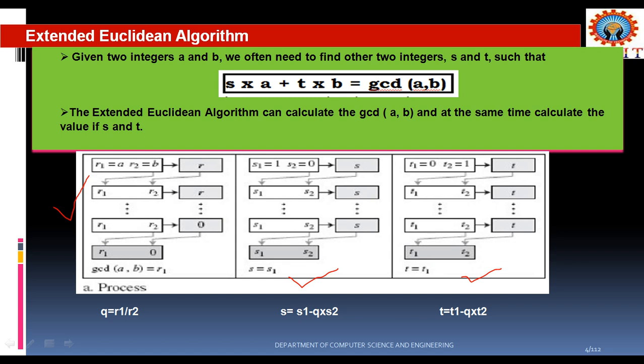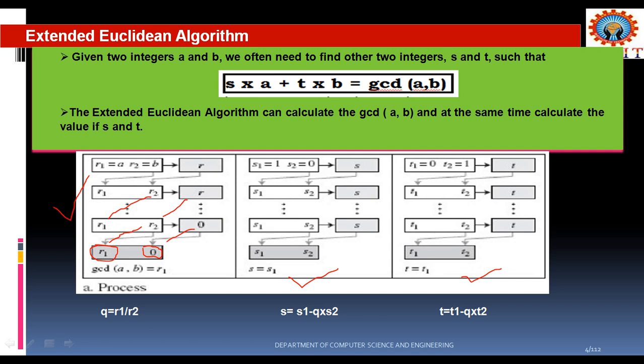Now this value becomes R1, and this value becomes R2. So whenever you get 0 at the place of R2, you stop the calculation. Finally you get the R1 value, which is the GCD of a comma b.